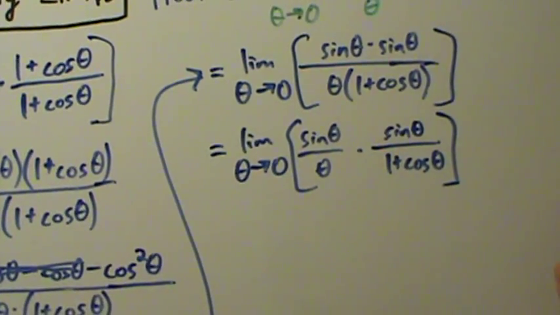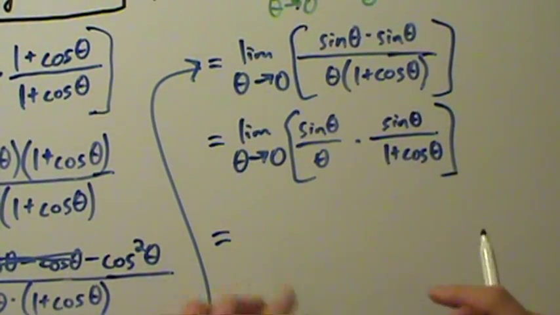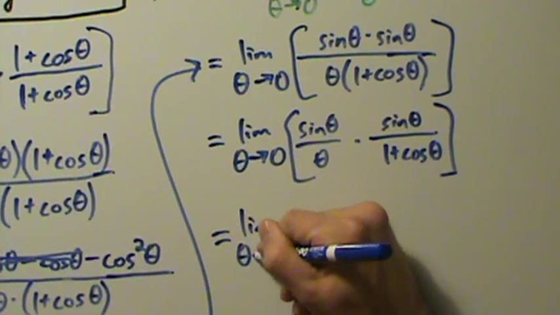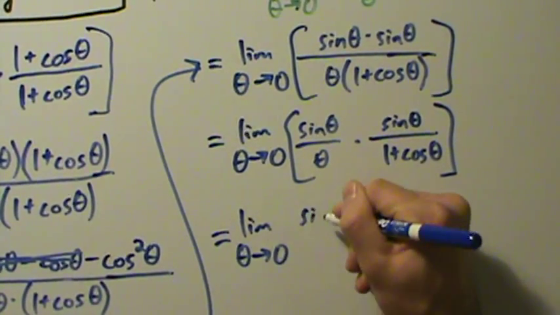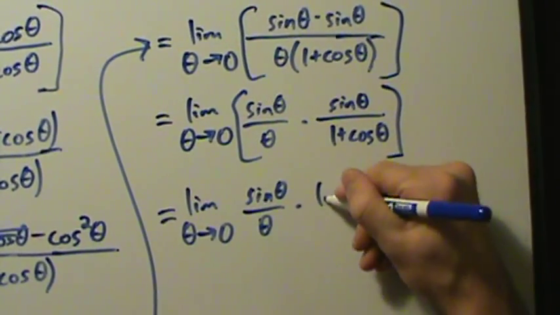Now the next step, and we do have to be careful in general about things like this. The limit of this times this equals the limit of the first thing times the limit of the second thing.